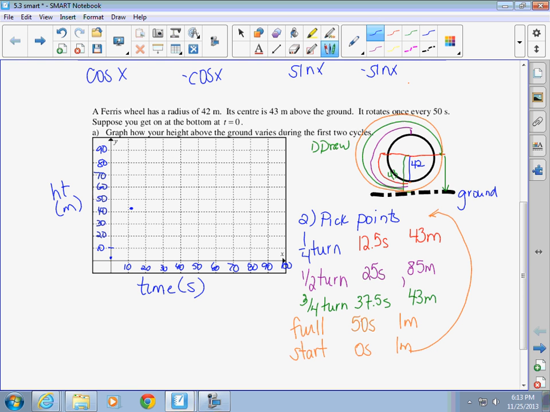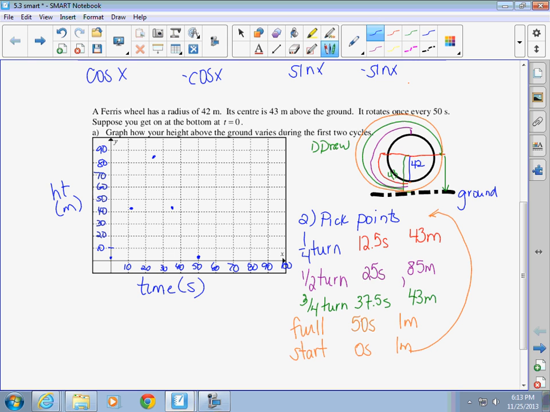Half a turn is 25 seconds, and I'm at 85 meters. 3/4 of a turn, that's 37.5. So it's going to be a little bit, and 43 meters again, so about there. When I do a full turn at 50 seconds, I'm back down to 1 meter.